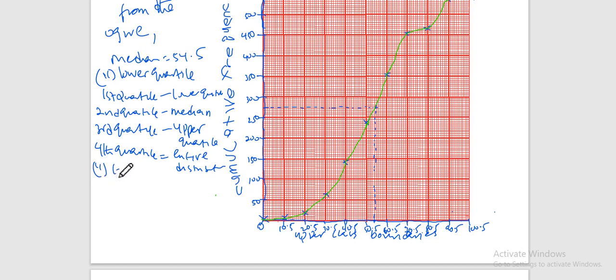Lower quartile. That's n over 4 of the entire distribution.